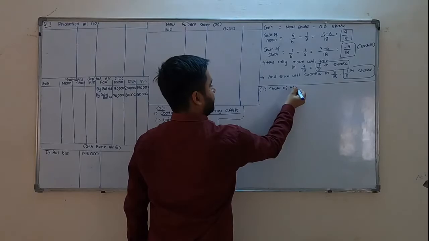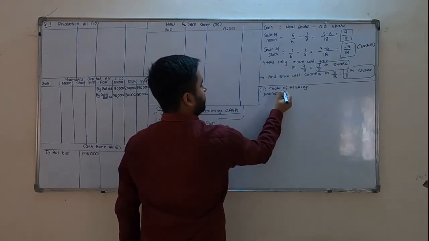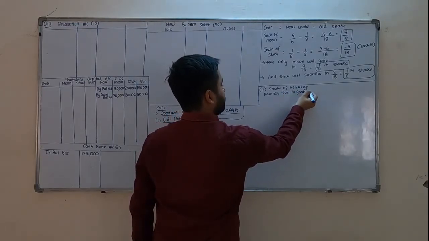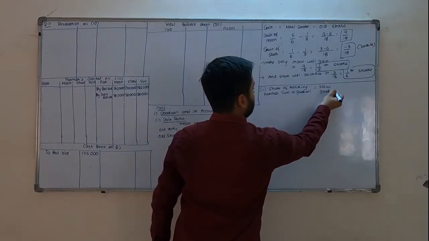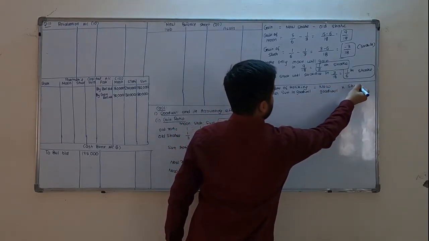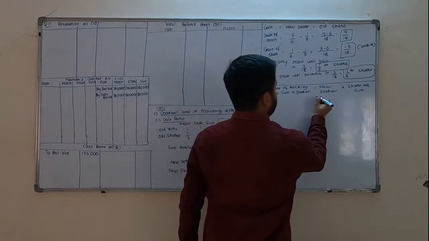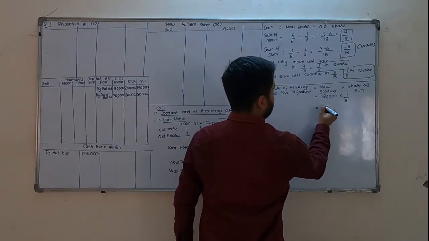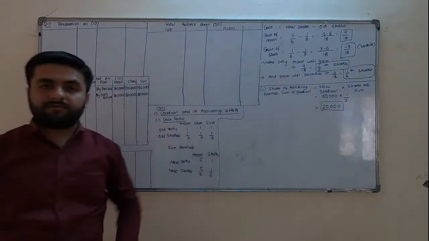Share of retiring partner Sun in goodwill is equal to new goodwill into share of Sun. New goodwill is 60,000, share of Sun is 1/3, so it will be 20,000.